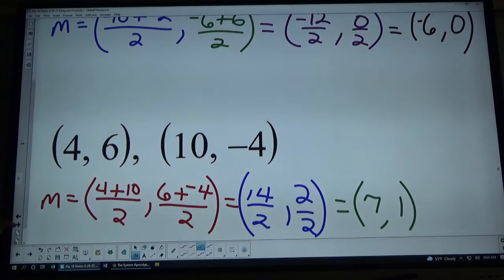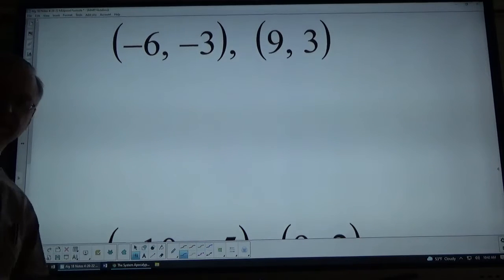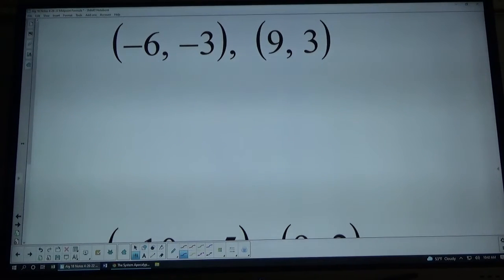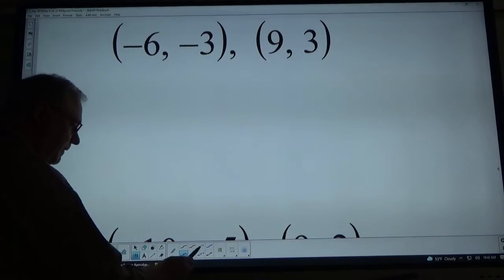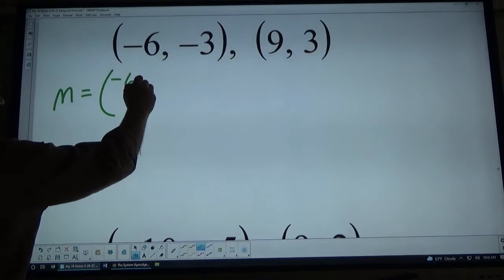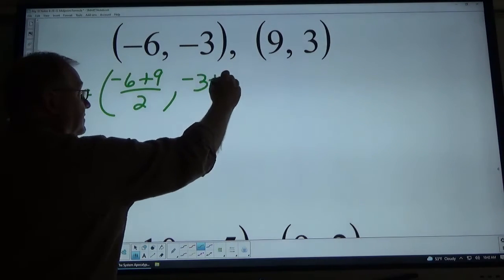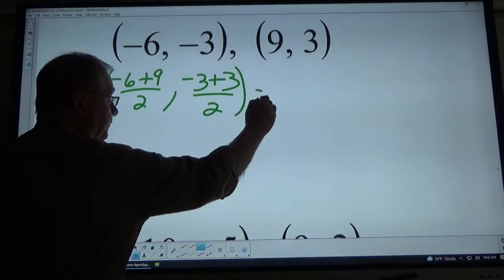Now, this example, it's the same kind of stuff. The only difference really between the previous examples and this set of examples is that these don't come out to nice integers all the time. So the midpoint here, negative 6 plus 9 over 2, negative 3 plus 3 over 2.